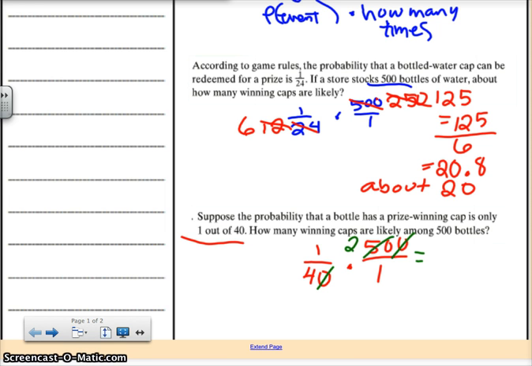They're both even, I can half them. 25 halves. 2 goes into 25 how many times? 12 and a half, 12.5. I would say around 12.